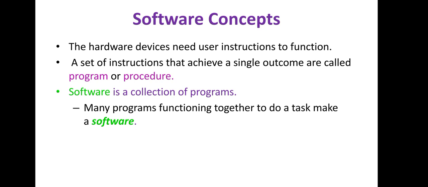The collection of so many programs will form a software. Many programs functioning together to do a task are collectively known as software. A program is step-by-step instructions, and the collection of programs is nothing but a software.